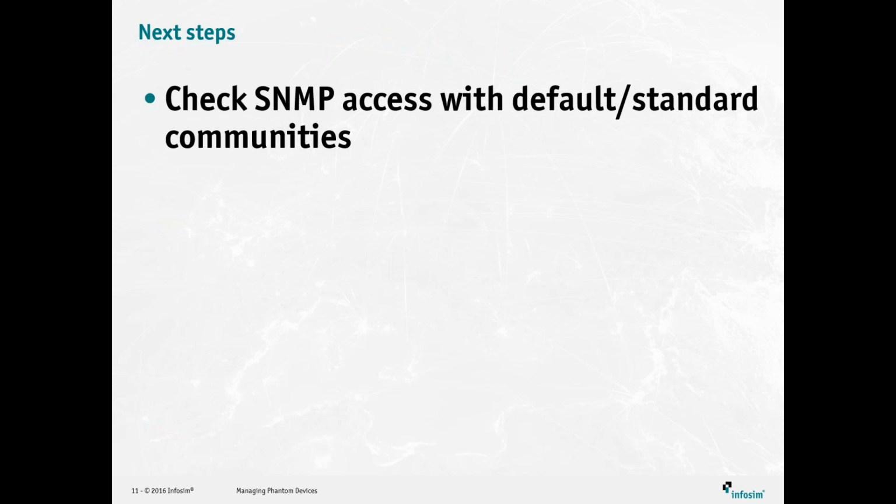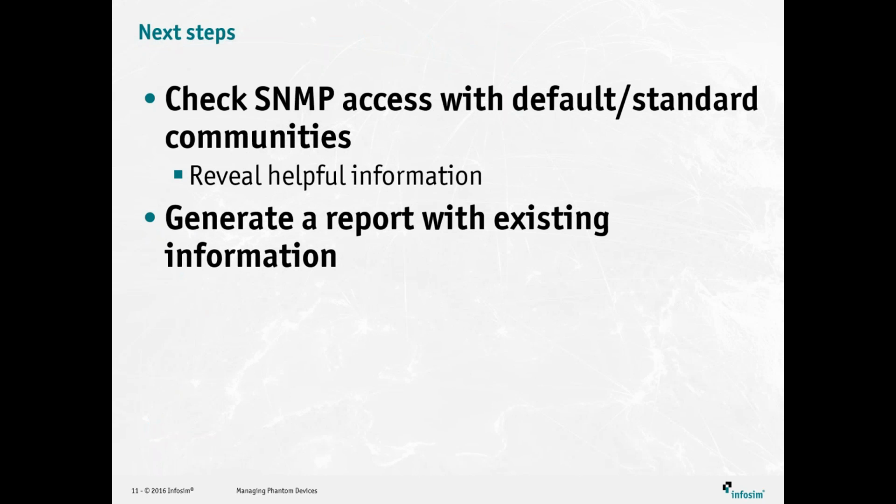So what are the next steps? You could check the SNMP access with the default community or the enterprise-wide standard communities. This might reveal very helpful information about the system location, or the respective contact. You can generate a report with the existing information that you have.